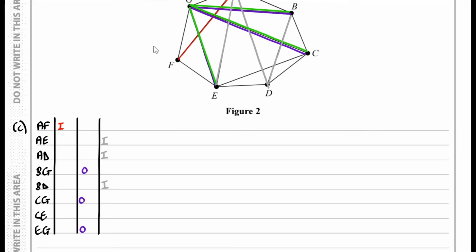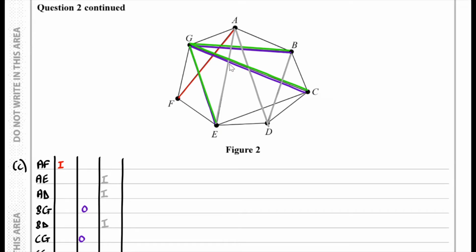Now we take a look at the letters over here. So let's just rule off over here. If we consider the AE over here, what crosses it is the BG and the CG, which we've already crossed off. We now consider the AD.